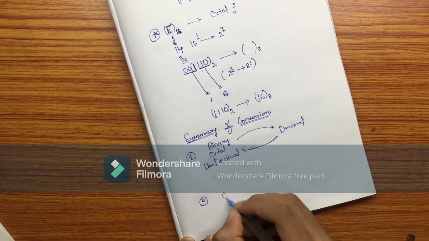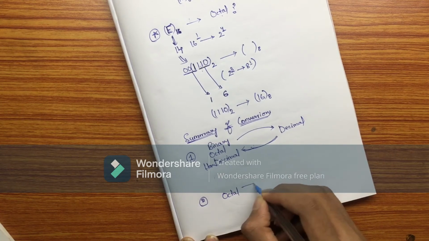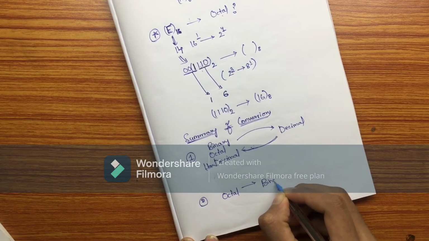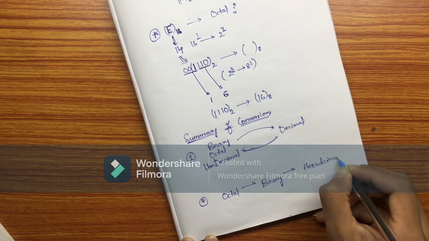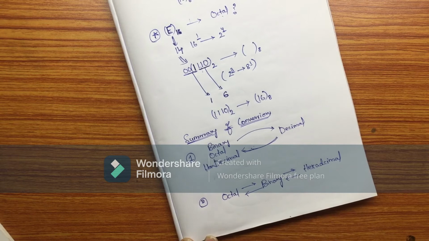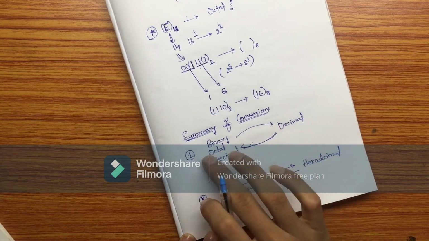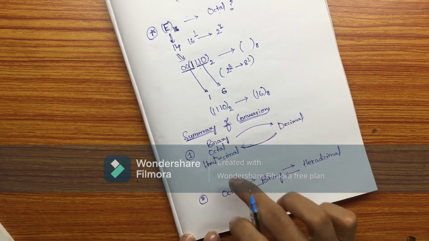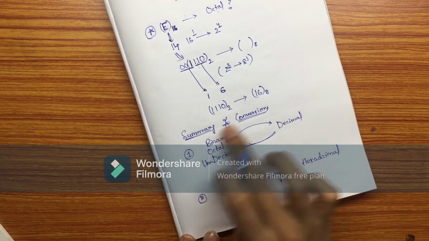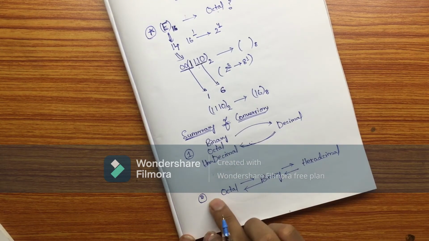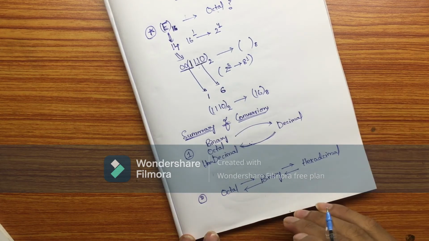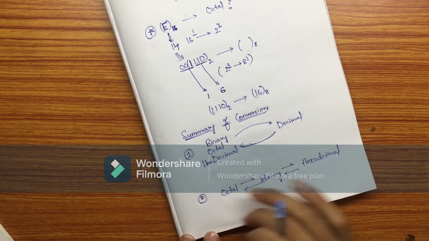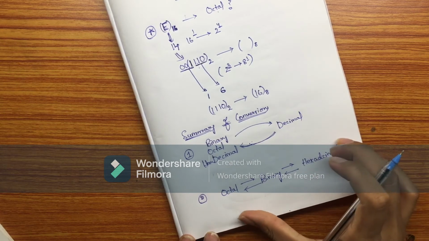And octal to binary to hexadecimal and the reverse process. So if you know these both, you can solve this part, and you know how to solve this thing, then you can convert anything from anything to anything. Okay, so these are the simplified version of understanding the conversions.